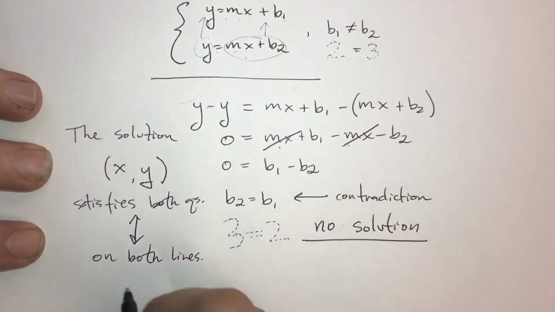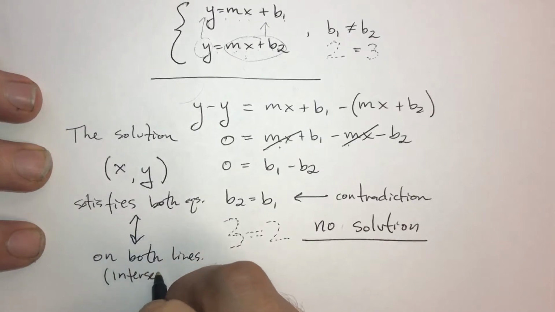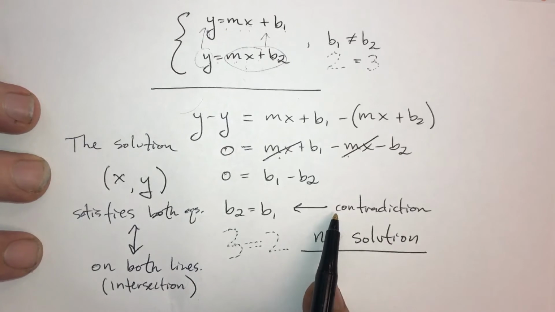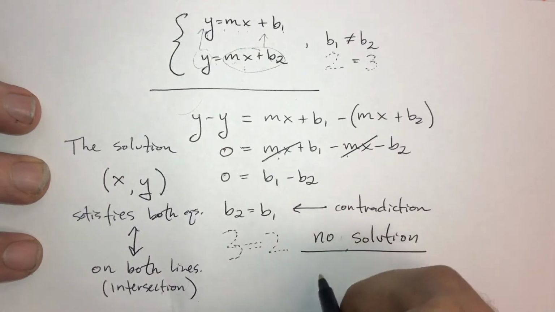On both lines is how we defined the intersection. So basically, since this system has no solution, these two lines have no intersection.